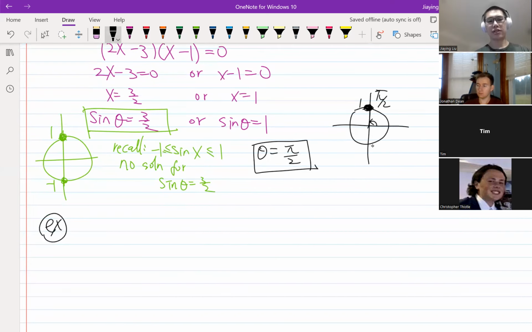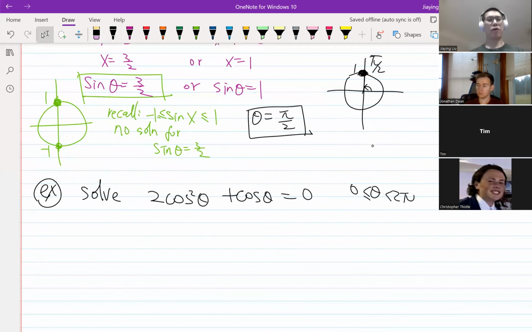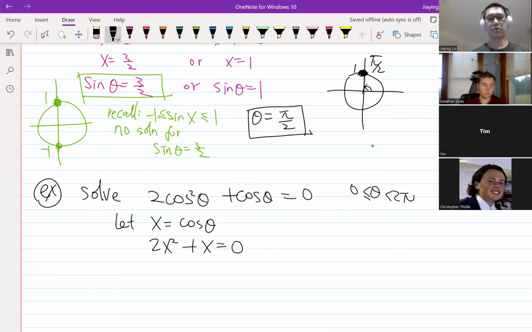So the next example is to solve 2 cosine squared theta plus cosine theta equals 0 for theta from 0 to 2 pi. Okay, so how do we solve this? It looks like a quadratic again. So if you want, you can use substitution. We're going to let x equals cosine theta. We get 2x squared plus x equals 0.